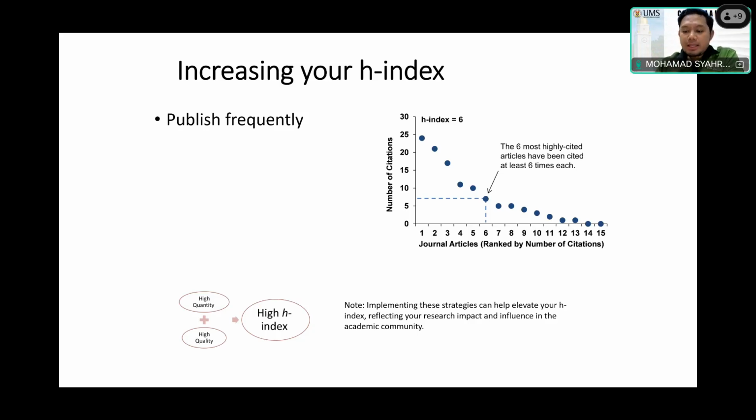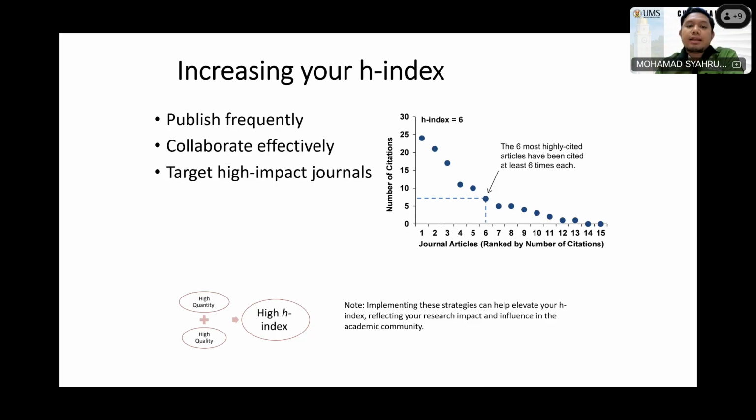Publish frequently. Okay. Collaborate effectively, target high impact journals. So that's why I mentioned to you, at least publish in Scopus indexed journals, not error. Try not to publish in my site, but target high impact journals.